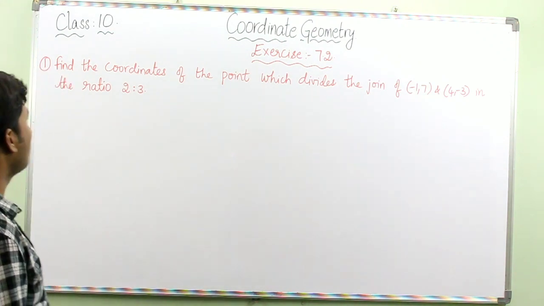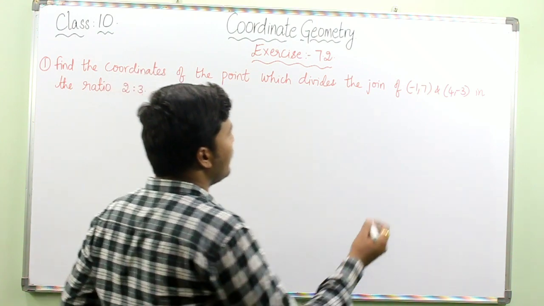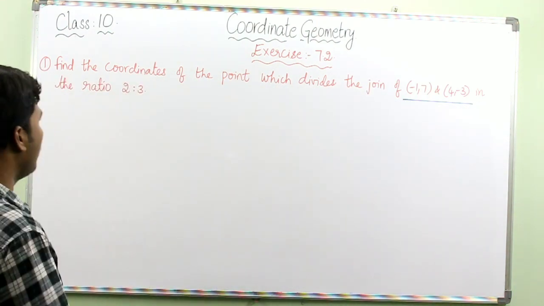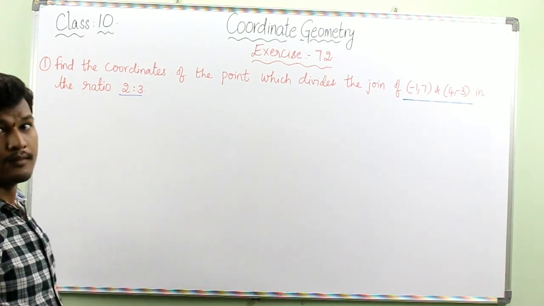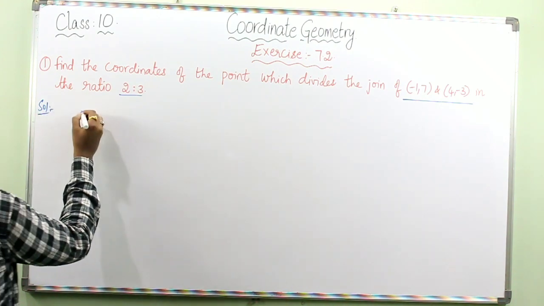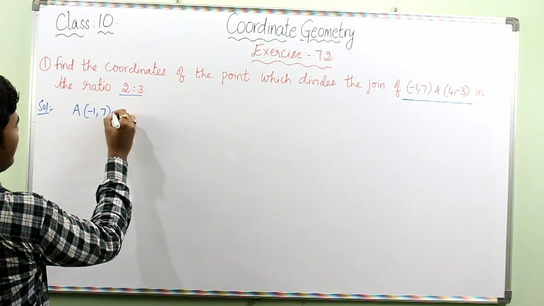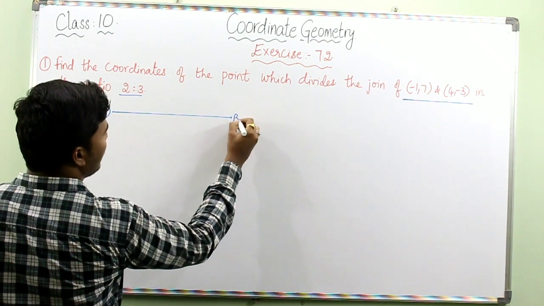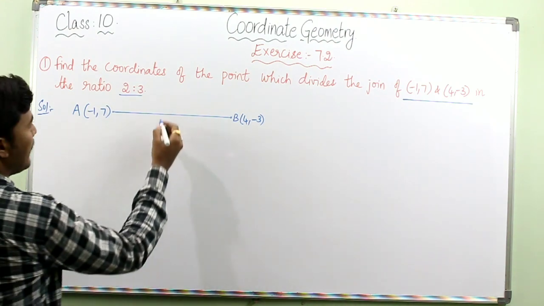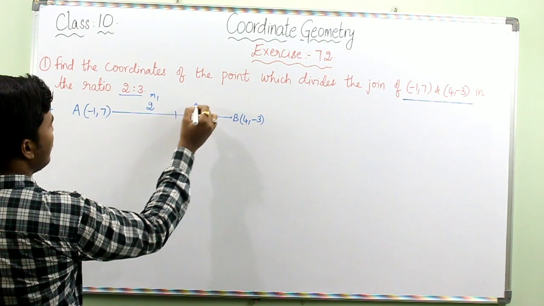First problem. Find the coordinates of the point which divides the join of (-1, 7) and (4, -3) in the ratio 2 is to 3. So for that, let us consider the given points as A (-1, 7) and B (4, -3), and let us take the ratio as m1 and m2.